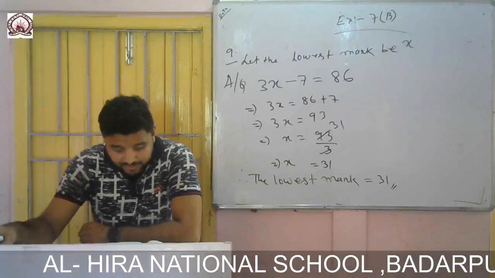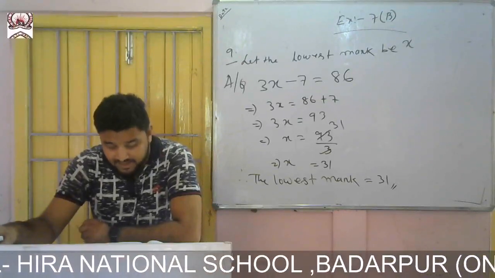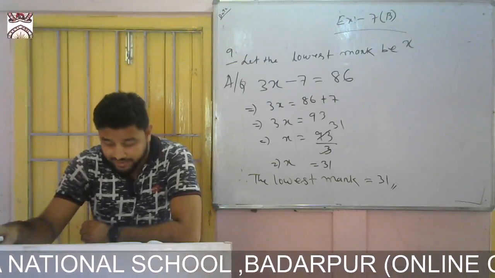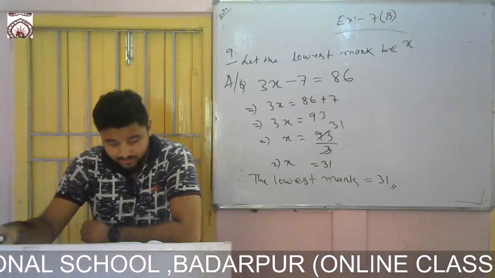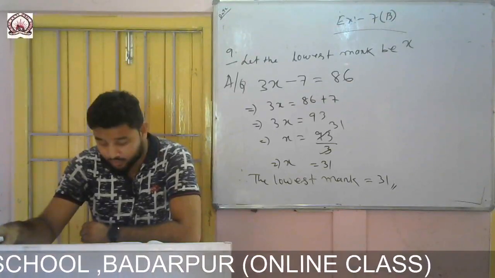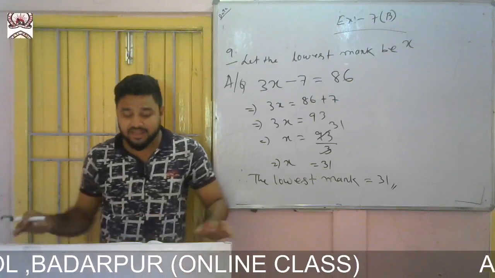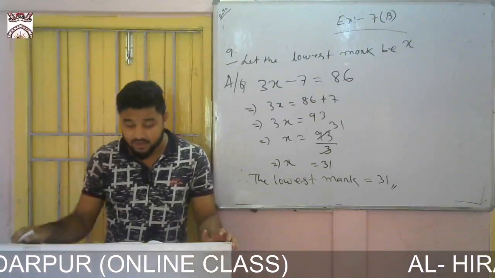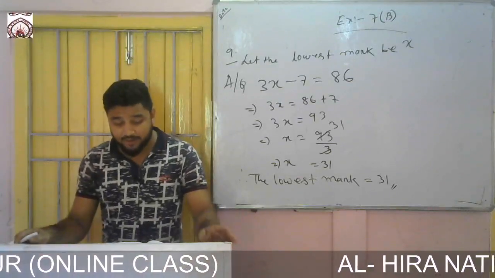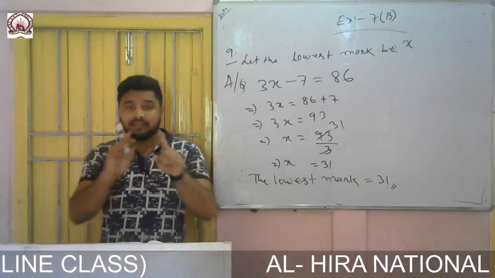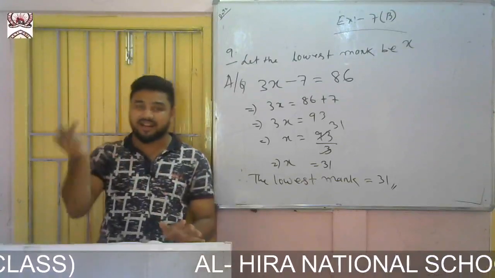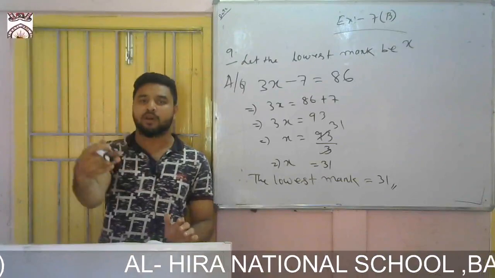Now number 10. Benny thinks of a number, subtracts 18 from it and divides the difference by 3. The result is minus 4. What is the number? Benny thinks of a number, let the number be X. From that he subtracted 18, and the difference is divided by 3, and this gives the result minus 4.